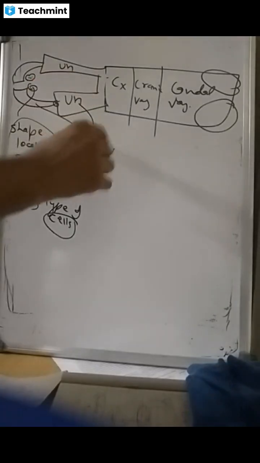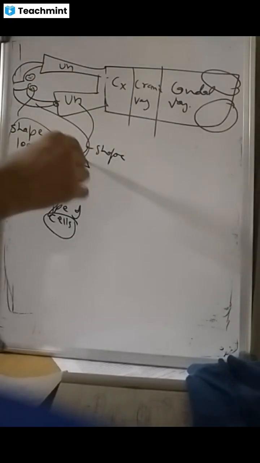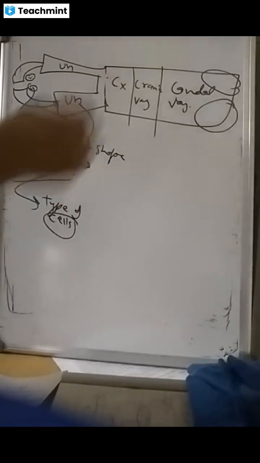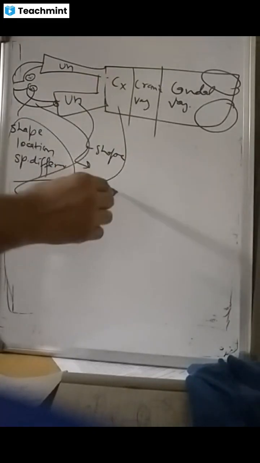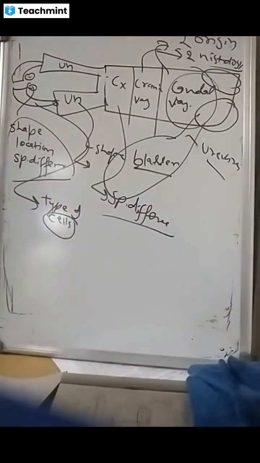Uterus is having double origin, two types of histology. We'll see external reproductive anatomy next.